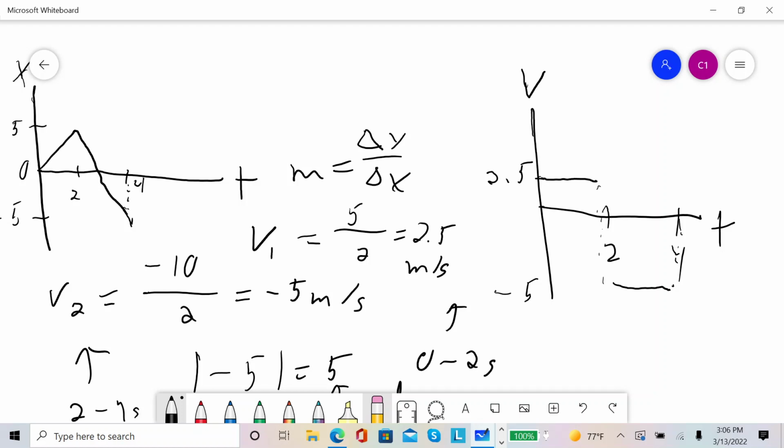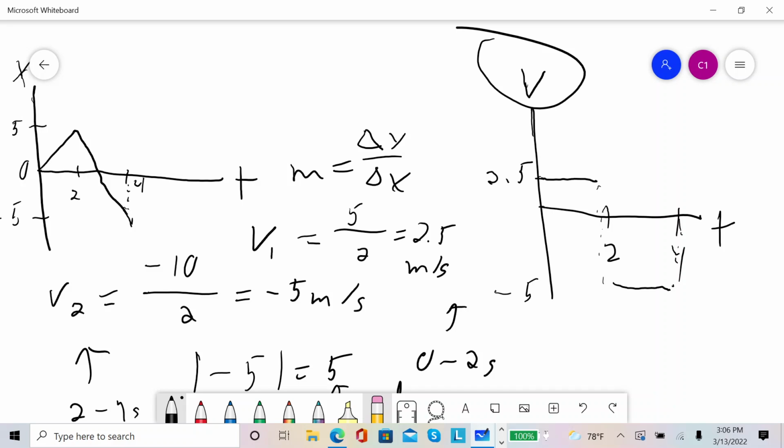So if we look back at this graph here, I'm just going to circle it, we can see that there is no slope in our velocity. You guys can't see any slope, right? It's a horizontal line, which means that there is no acceleration except for the one point at 2 seconds. But velocity will usually be a little bit smoother than that, and we can look at that in other examples as well.